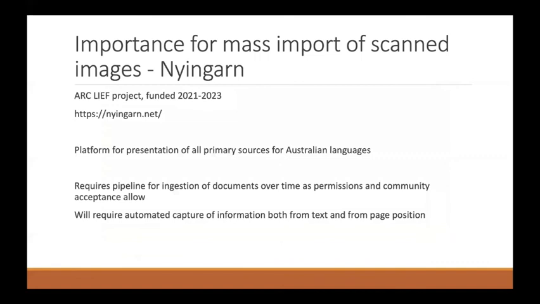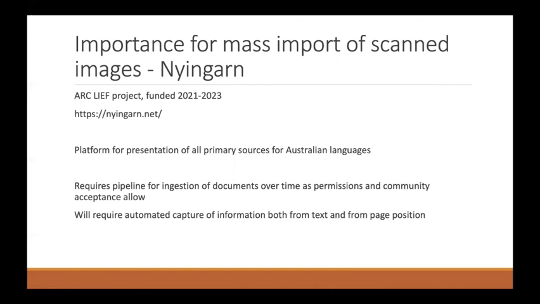And this has led to a LEAF project which was just funded for the next 3 years, called Ningan. Ningan's the word for echidna in Noongar from southern Western Australia. And this will be a platform for presentation of all primary sources of Australian languages that we can put into it. And it will have a pipeline, so we'll have ways of scanning, OCRing and putting documents in.